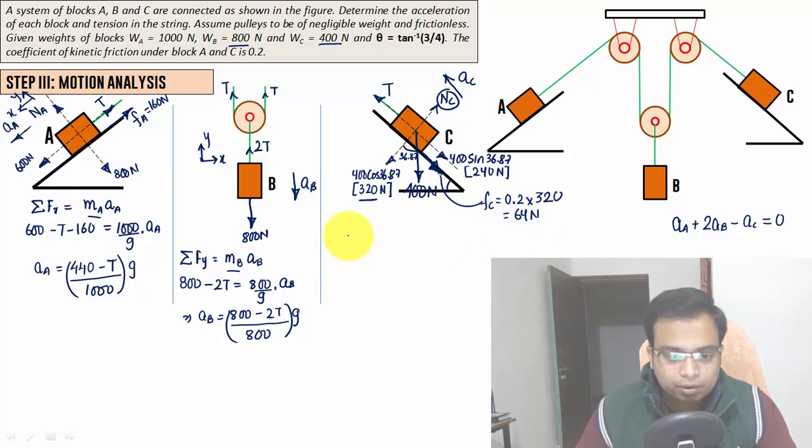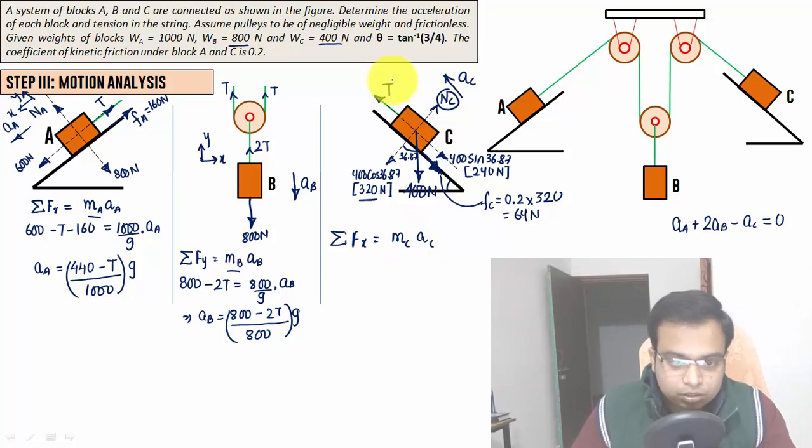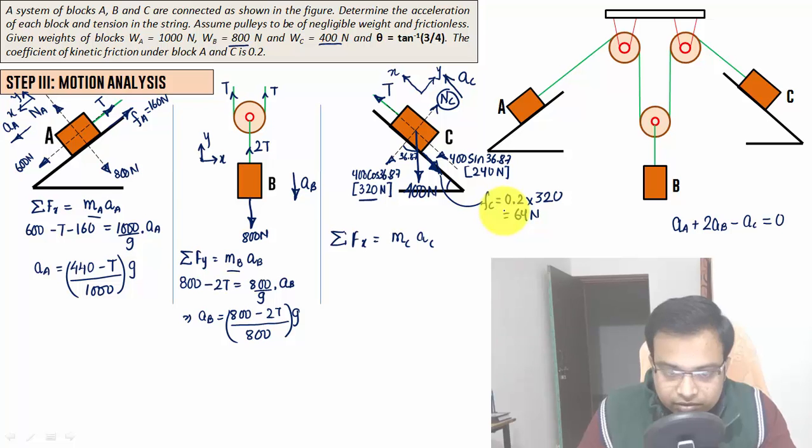That's it. Now again, the same stuff. You need to apply the motion equation. Summation of all the forces in X is equal to the product of mass and acceleration of block C. So this is the X direction and this is the Y direction. Now you can clearly see block C is moving uphill and T is also uphill. This has to be taken as positive, and this 240 newtons and this 64 newtons, both of them will be taken in the negative sense, since they're acting opposite to the direction of motion.